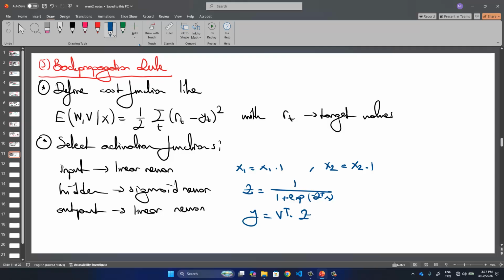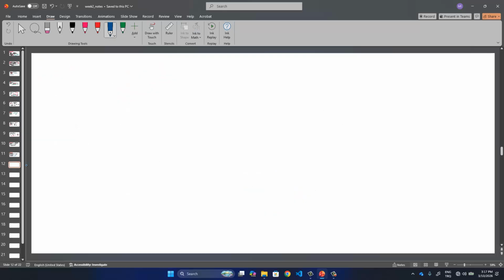What is the rule of the gradient descent? Yes. And so, how can we update this in here? Just tell me.